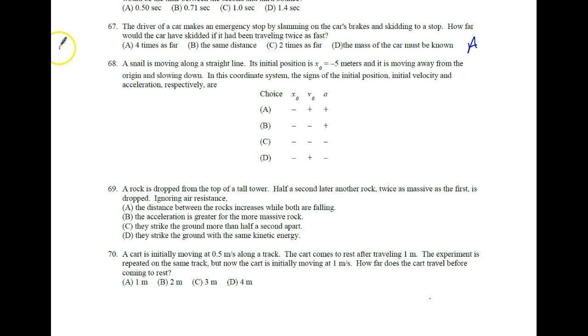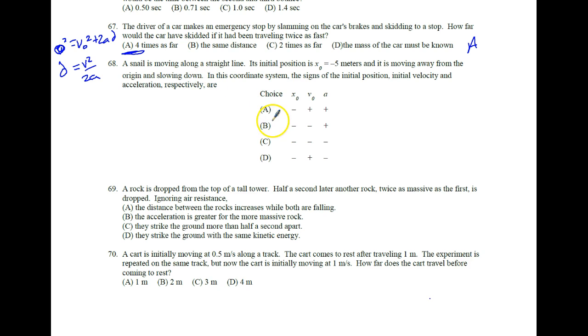So 0 squared is equal to my original velocity squared plus 2 times a times d. That gives us d equal to v squared all over 2 times a. If you do that math, you should end up about 4 times as far. So if it was traveling twice as fast, it would go 4 times as far.